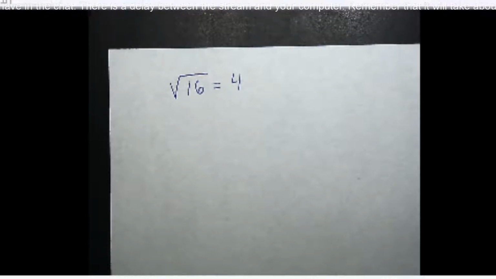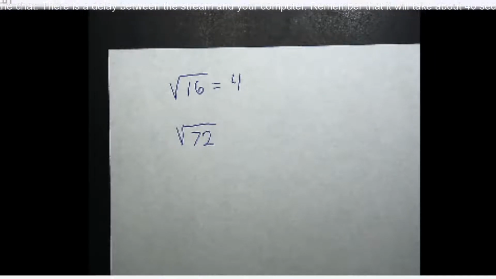However, most numbers are not perfect roots. In fact, the majority of our real numbers are imperfect. Square root of 72. There's nothing that we can really say is an integer times itself is 72.